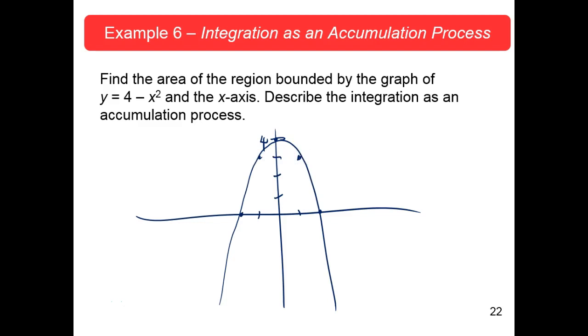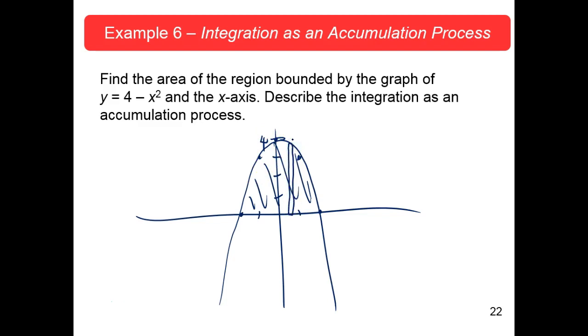So it says find the area of the region bounded by the graph of y is equal to 4 minus x squared and the x-axis, which is what we got there. So we're only looking at this area here, okay? So again, I didn't know we weren't supposed to be doing this. We pick a dx, okay?